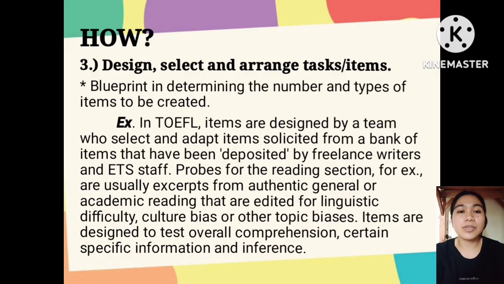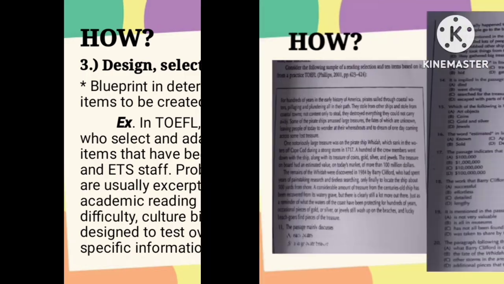Probes for the reading section, for example, are usually excerpts from authentic general or academic reading that are edited for linguistic difficulty, culture bias, or other topic biases. These items are designed to test overall comprehension, certain specific information, and inference. Let's take a look at the reading selection and the following 10 items.